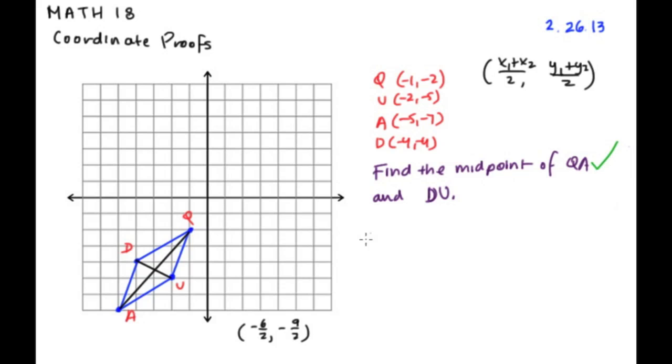Now let's do DU. So that's going to be -4 plus 2 over 2 and -4 plus 5 over 2. Right? Just follow the formula. And again we get -6 over 2, comma, -9 over 2. And we see that these are the same, they're equal.